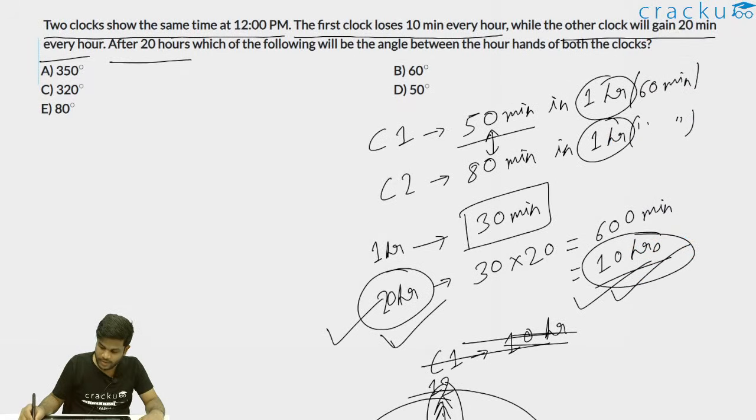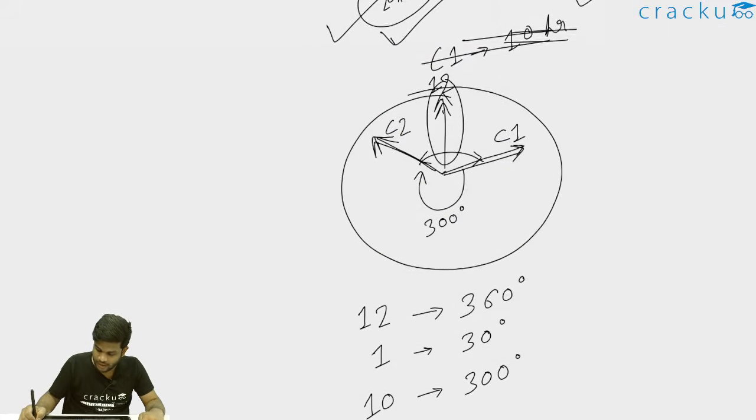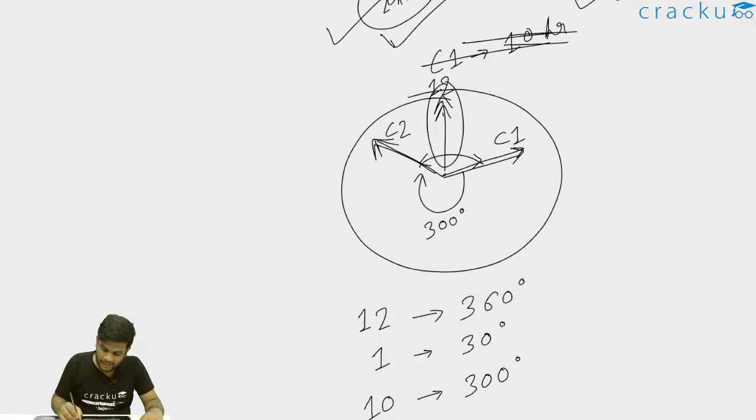Now let's look at the options. Nowhere in the options is it given that it is 300. So what we can do is, the entire angle is 360 degrees. The larger angle is 300 degrees, so we can look at the smaller angle too.